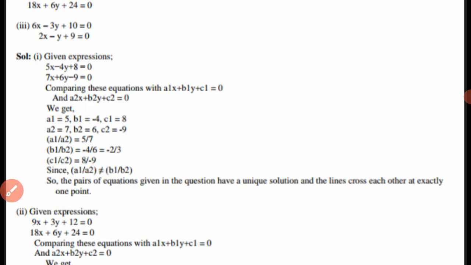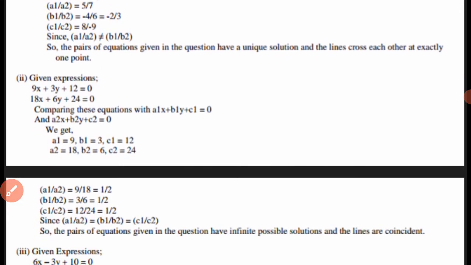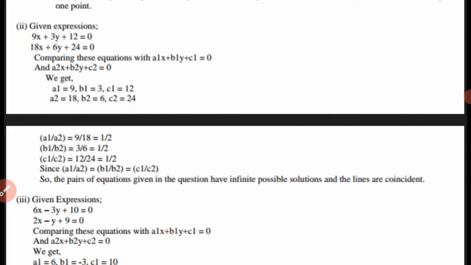Now in the second case we have been given 9x plus 3y plus 12 equals 0 and 18x plus 6y plus 24 equals 0. Here also we will compare and find the values of a1 upon a2, b1 upon b2 and c1 upon c2. From this we find that a1 upon a2 equals b1 upon b2 equals c1 upon c2.